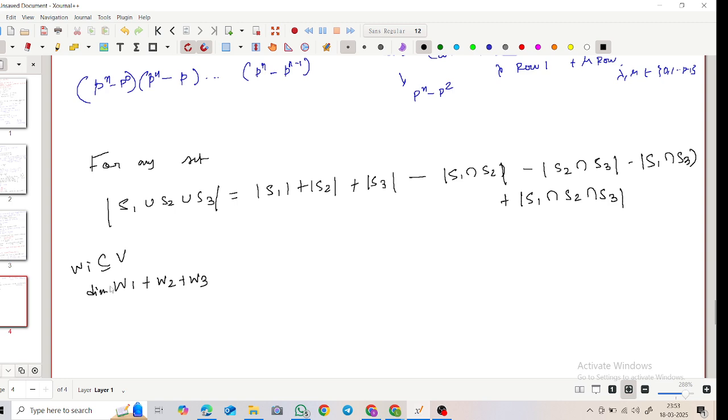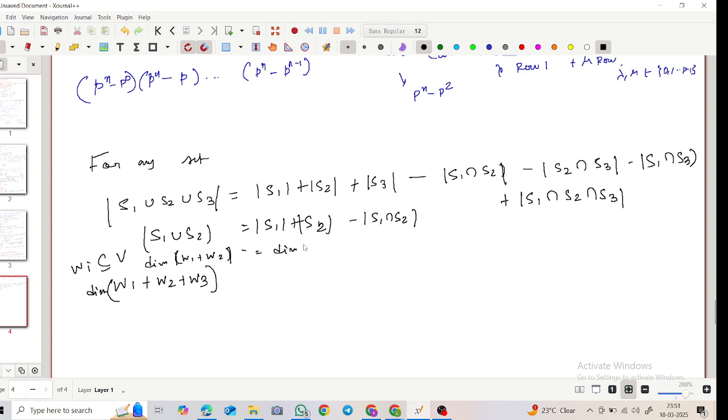What can you tell about the dimension? You see, the cardinality of S1 union S2 is the cardinality of S1 plus the cardinality of S2 minus the cardinality of S1 intersection S2. So it is at par with the dimension of W1 plus W2, right? We have shown that the dimension of W1 plus W2 is dimension W1 plus dimension W2 minus dimension W1 intersection W2.